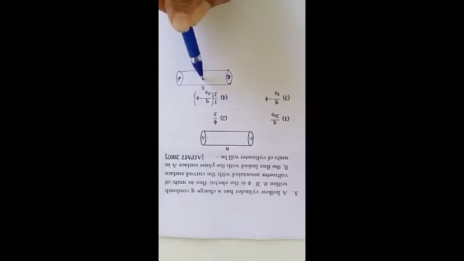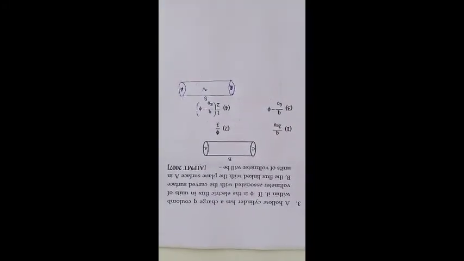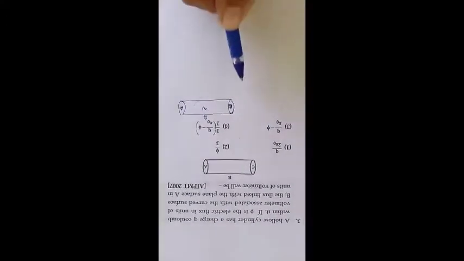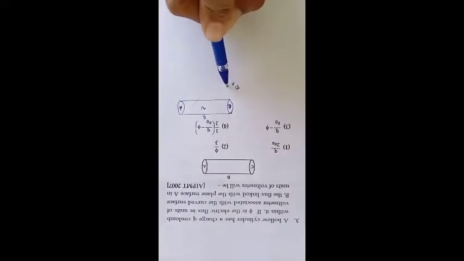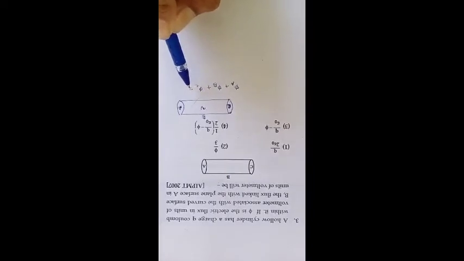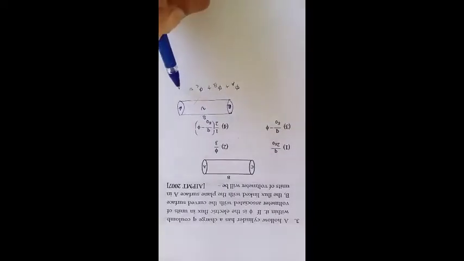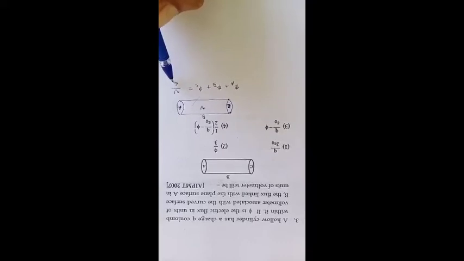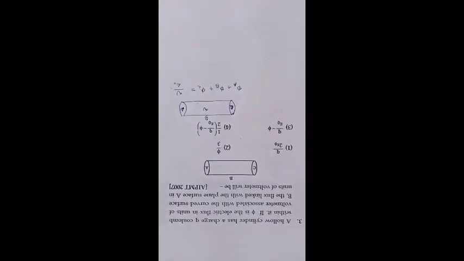Charge Q is there in this. So net flux means phi A plus phi B plus phi C is equal to Q by epsilon naught. Net flux is equal to Q by epsilon naught.